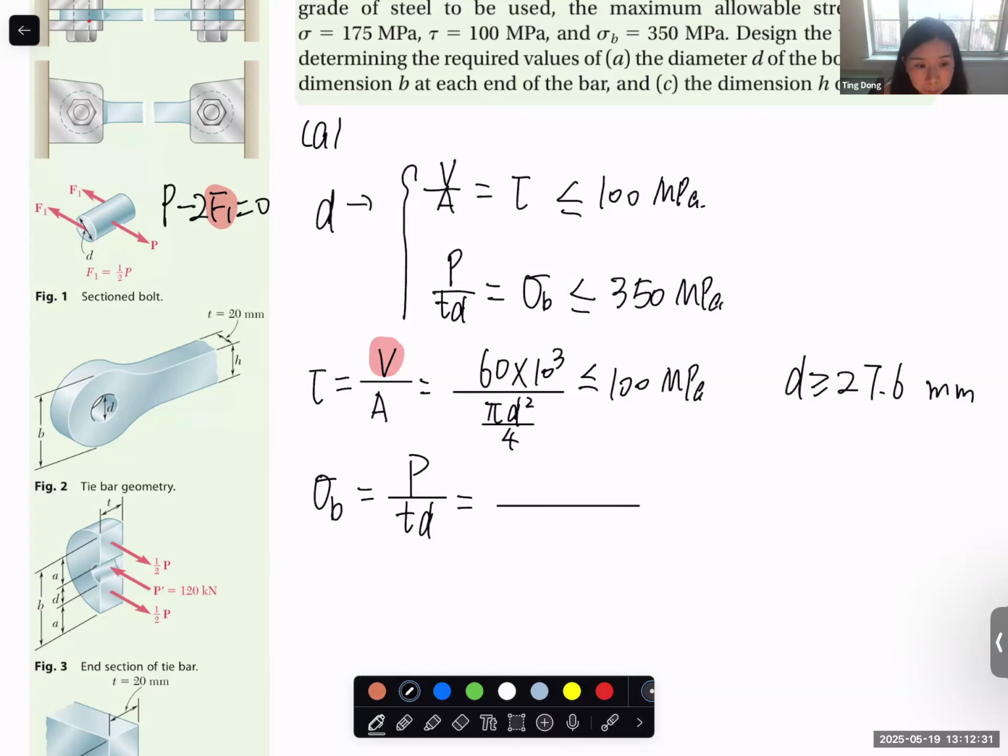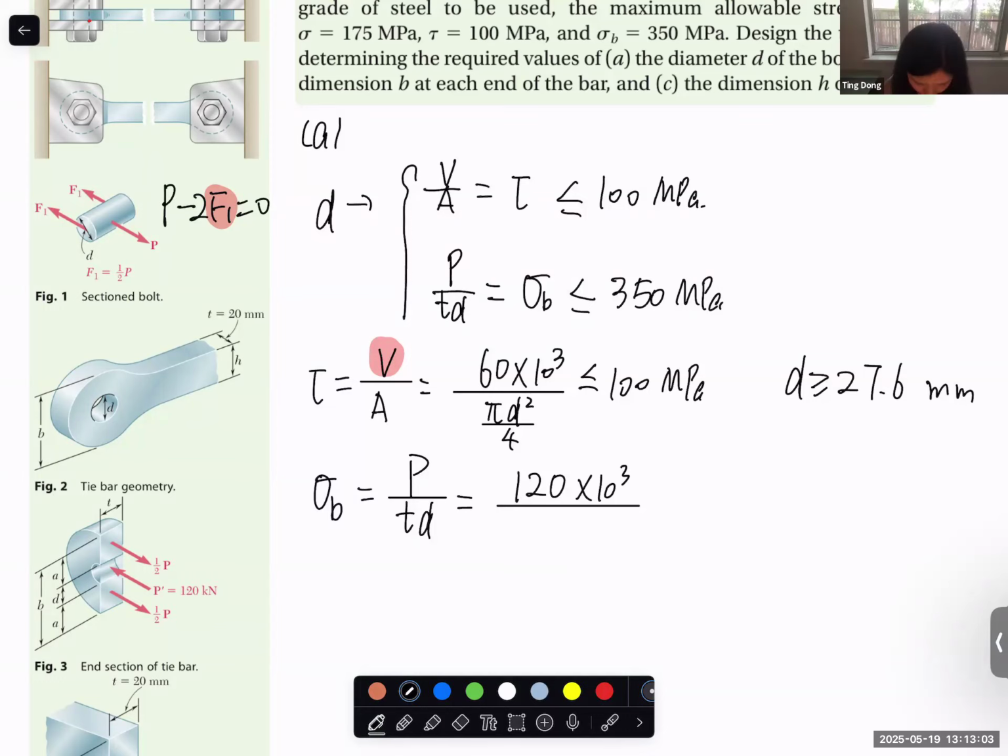For calculating the bearing stress, what force should I use here? What area should I use here? Should P be 120? Yes, P equal to 120. TD, is TD the thickness of the bar and then the diameter of the circle?